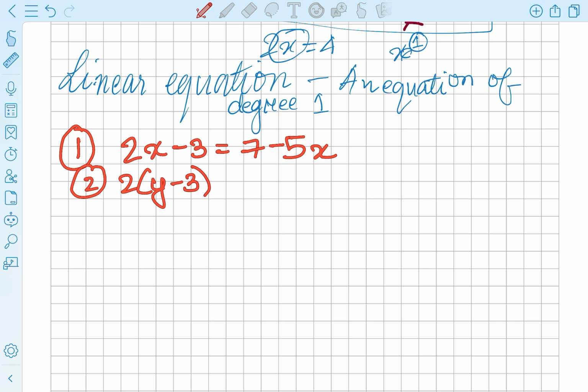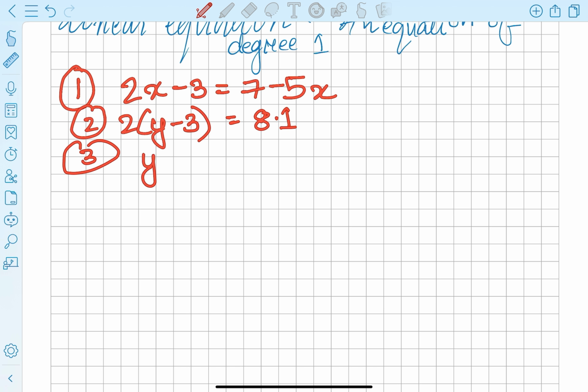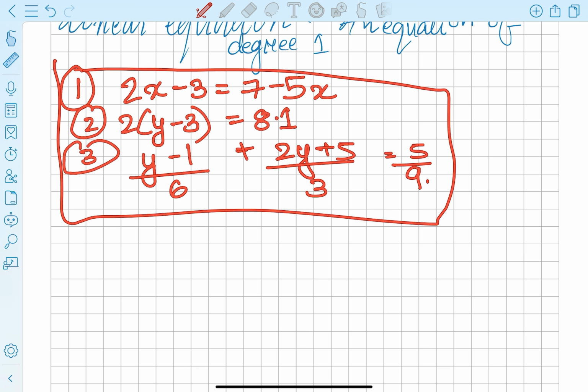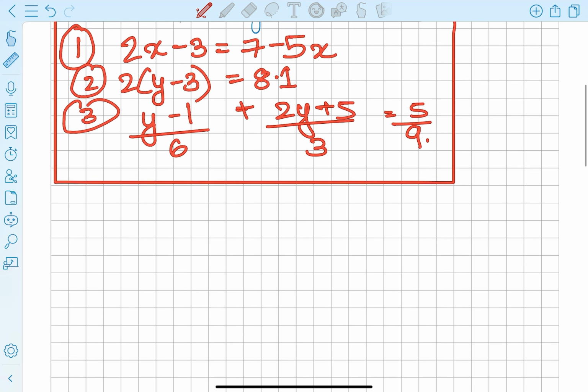The second, 2y minus 3 equals 8.1. The third, (y minus 1) by 6 plus (2y plus 5) by 3 equals 5 by 9. So now I want you all to solve these sums and tell me the answer, and I will see whether you have got it correct.